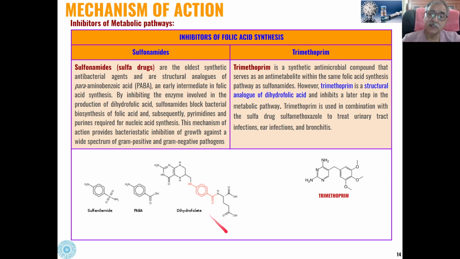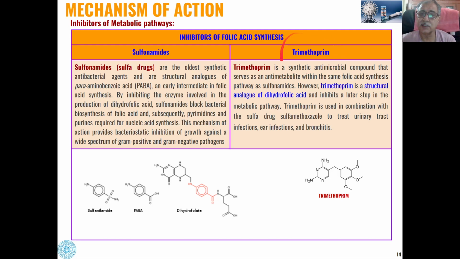And when folic acid is not synthesized, the bases required for DNA and RNA synthesis, like pyrimidines and purines, cannot be synthesized. So by inhibiting folic acid, the metabolic pathways are inhibited. This is how sulfonamides act as antibacterial drugs.